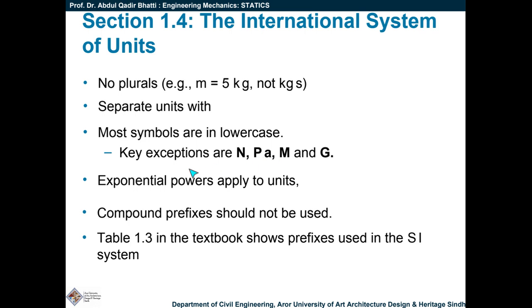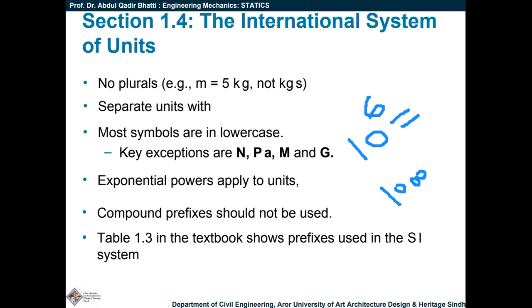We can also apply exponential powers to the units. What is the exponential power? Like 10 raised to power 6. What does it mean? How many zeros? 6 zeros.